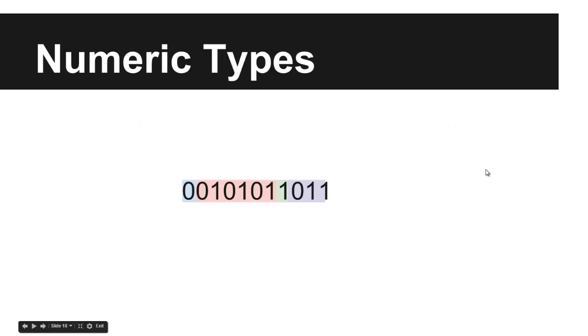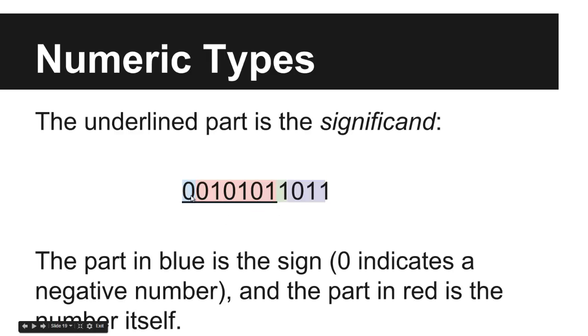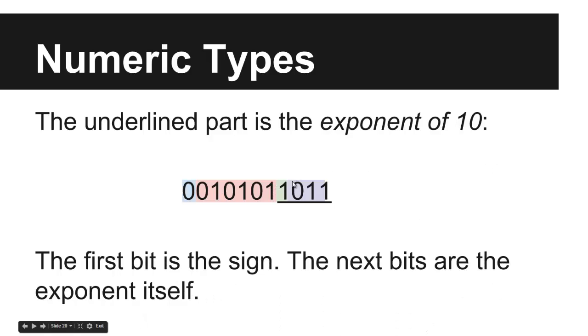Okay? So the part in blue, right over here, is the sign of the significand. That's the base. So it indicates that we have a negative number. And the part in red, this is our number itself. So this is the number that we're going to multiply by 10 to some power. The part in green, this is the sign of our exponent. A 1 means that it's positive, a 0 means that it's negative, and the part in purple is the exponent itself. That's the number.